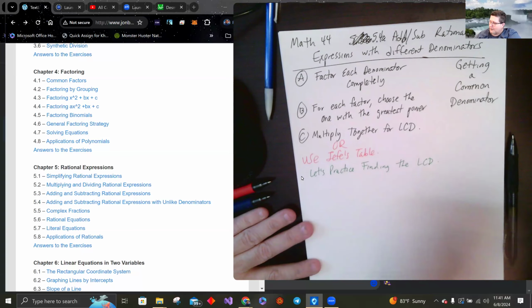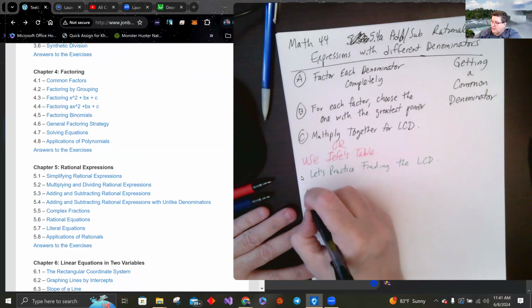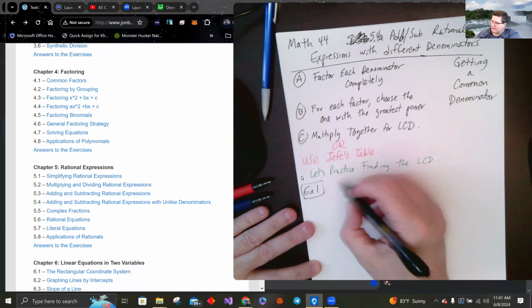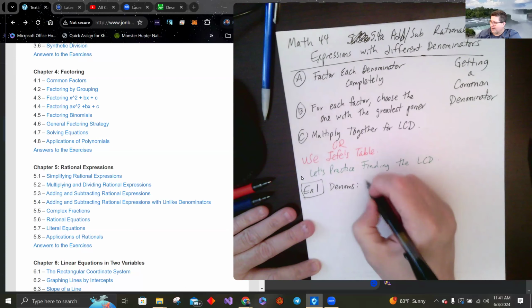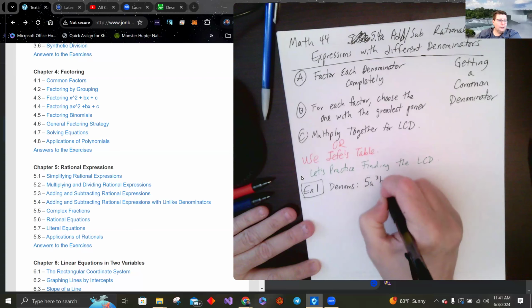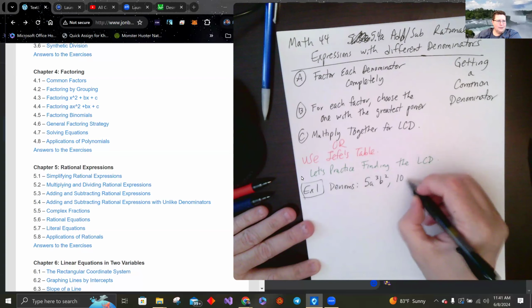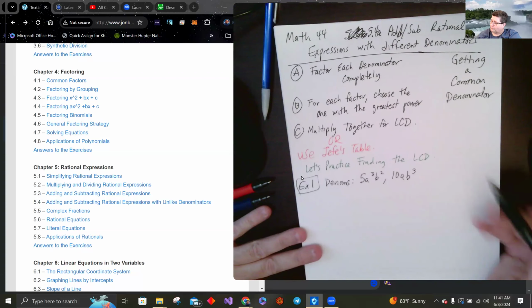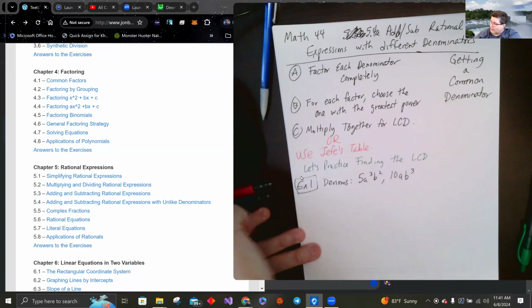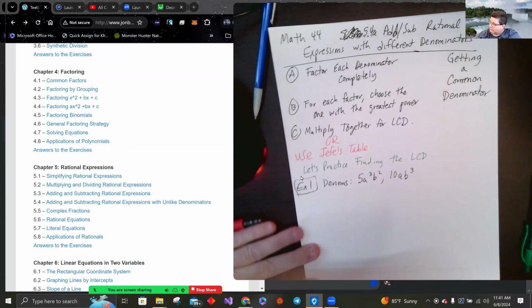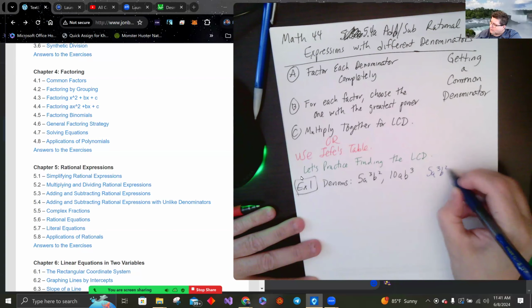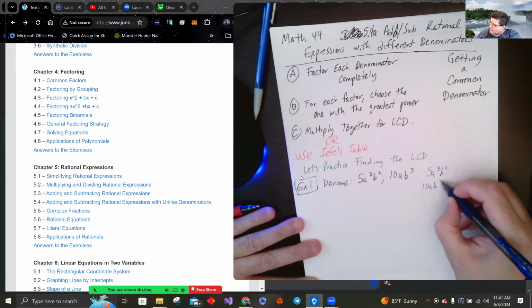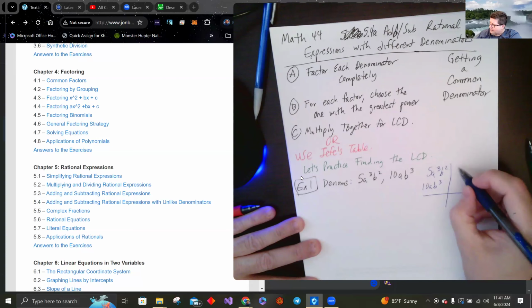Let's say in set 1, example 1, my denominators are 5a cubed b squared and 10ab cubed. So if I make my table, this has a 5.